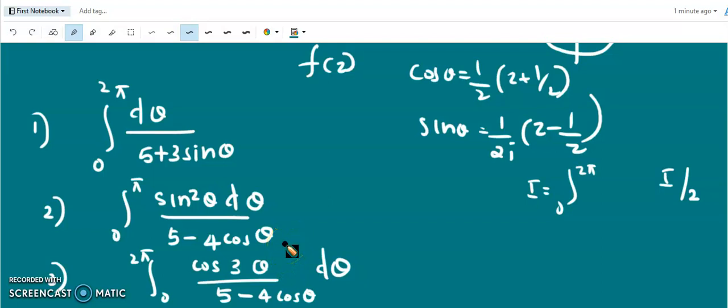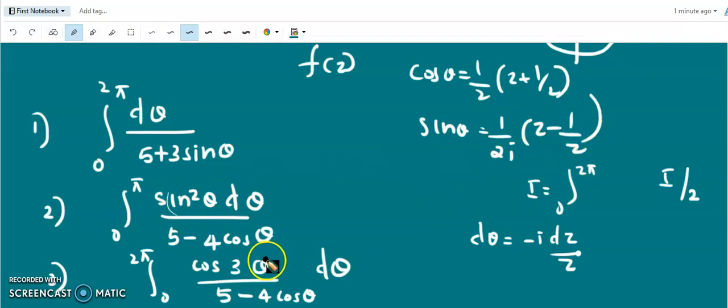So what you have to do is first write d theta in terms of dz. We know that d theta is equal to minus i into dz by z, and sin theta can be converted as 1 over 2i (z minus 1 over z). So please do this, and similarly you can do this, sin theta is this, and you can find sin square theta by squaring this.